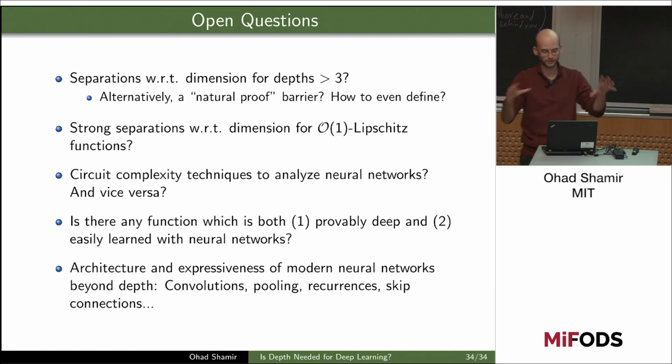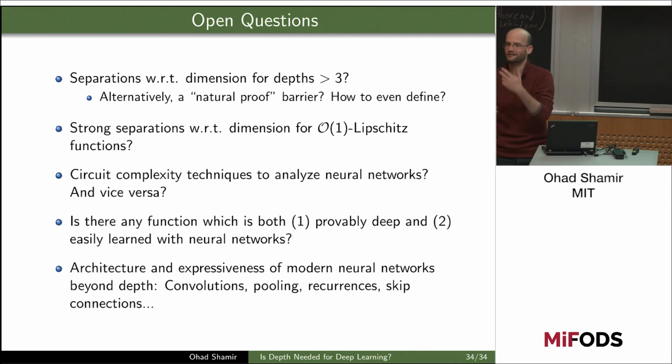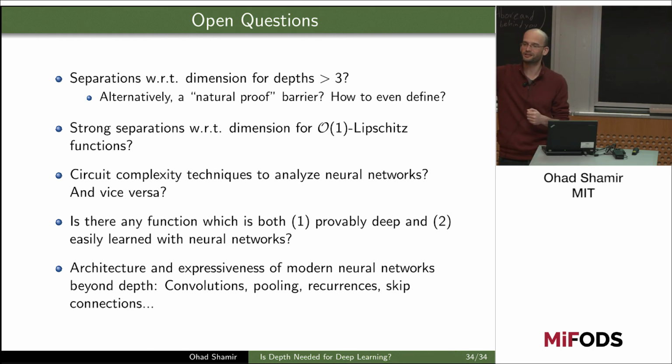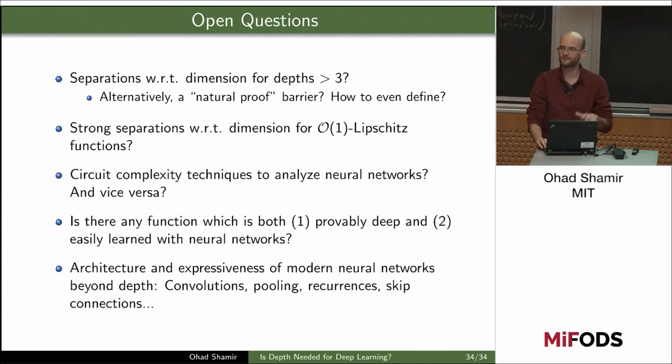They have some convolutional layers, or they do pooling, or they have recurrences where the output of a neuron goes back to itself, and then you endow the network with memory. You can have skip connections, where one layer connects not to the next layer, but somewhere further up. And for most of these directions, it's really wide open in terms of formal results.